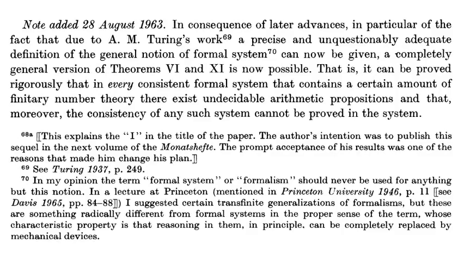With a footnote saying, "In my opinion, the term formal system or formalism should never be used for anything but this notion. In a lecture at Princeton, I suggested certain transfinite generalizations of formalisms, but these are something radically different from formal systems in the proper sense of the term, whose characteristic property is that reasoning in them, in principle, can be completely replaced by mechanical devices."